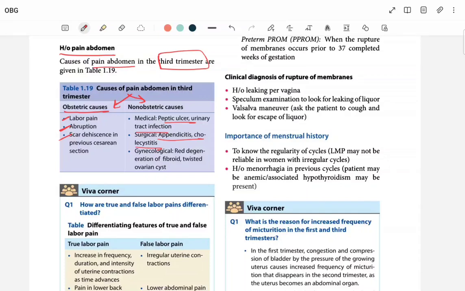Non-obstetric causes: medically, peptic ulcer and urinary tract infection; surgically, appendicitis and cholecystitis; gynecologically, red degeneration of fibroid and twisted ovarian cyst, all of these.